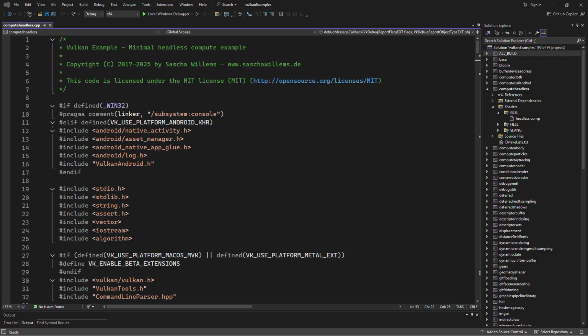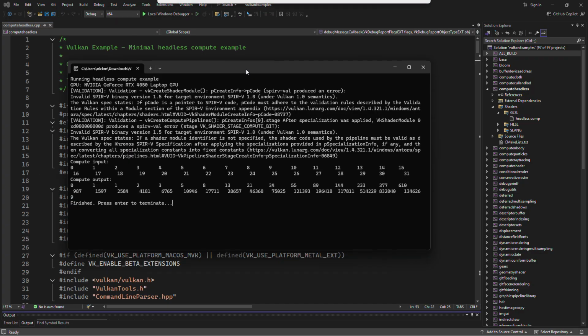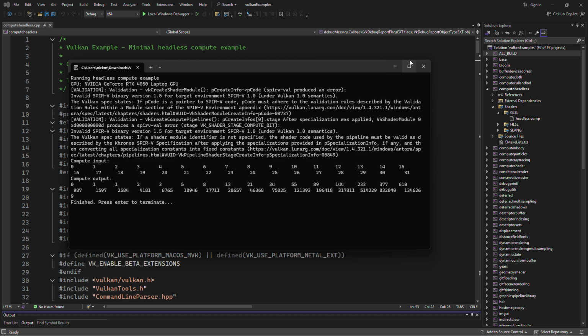So we are still on the compute headless script, doing a compute only application.